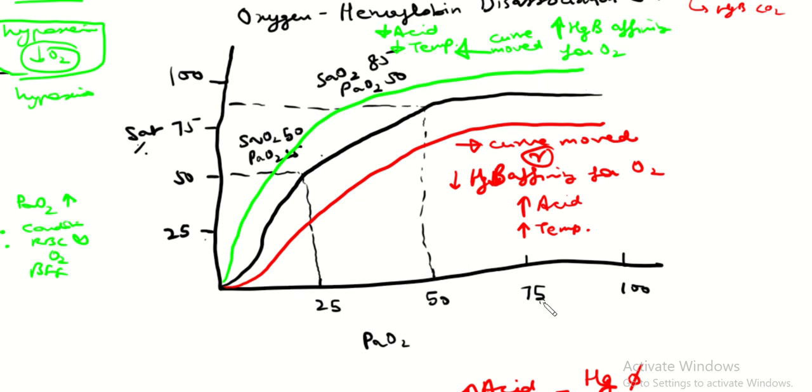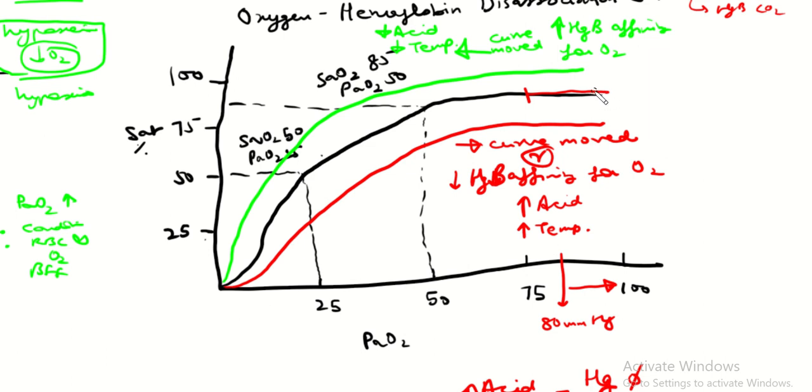Whenever you have 80 millimeters of mercury, after that you can give the patient more and more oxygen dissolved in their blood, but the curve plateaus and it's not going to increase the percentage saturation of hemoglobin a whole lot.